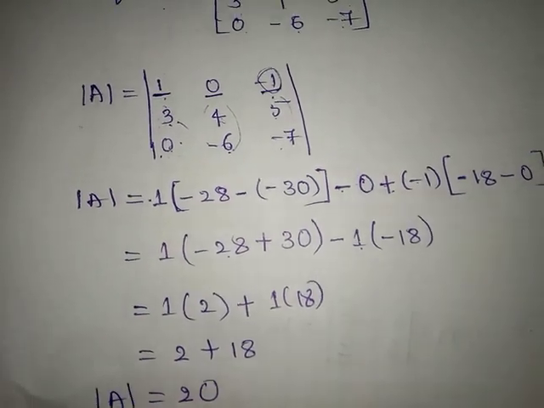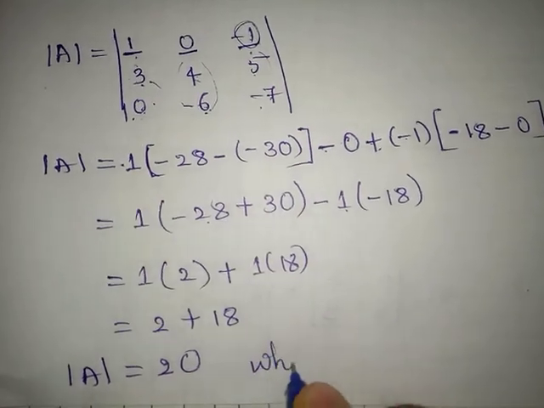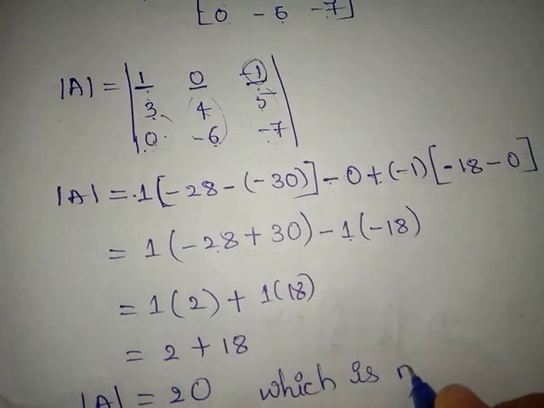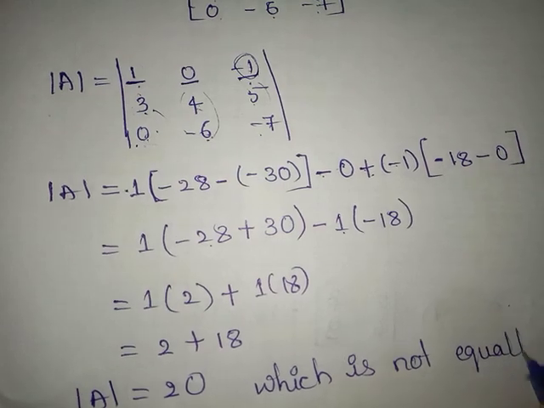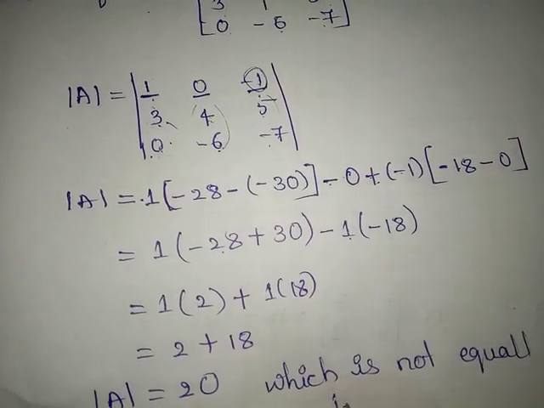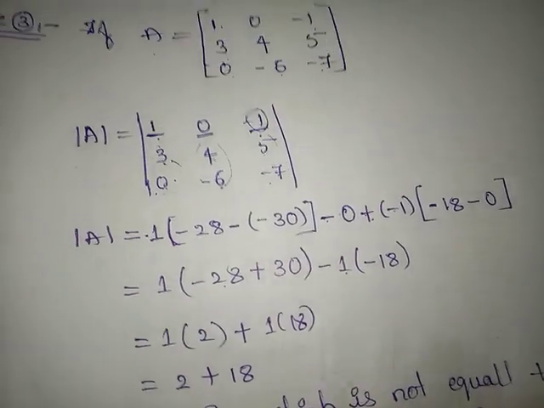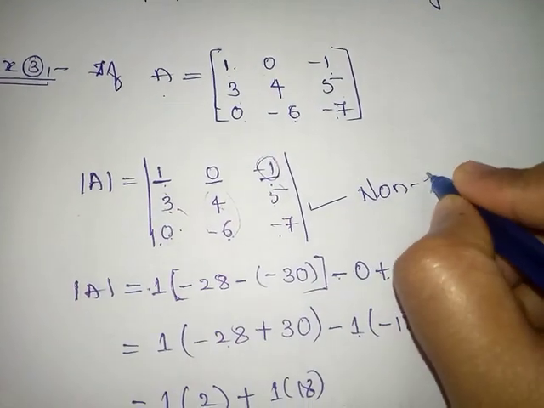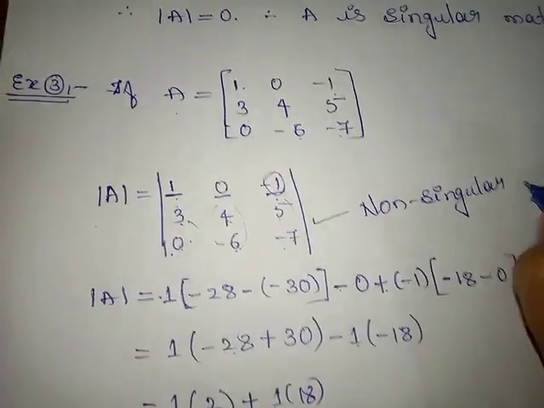The determinant of this one is what? 20, which is not equal to 0. That is, the determinant of A is not equal to 0. Therefore, it is what? A non-singular matrix.